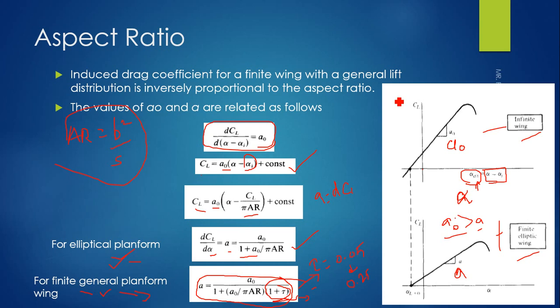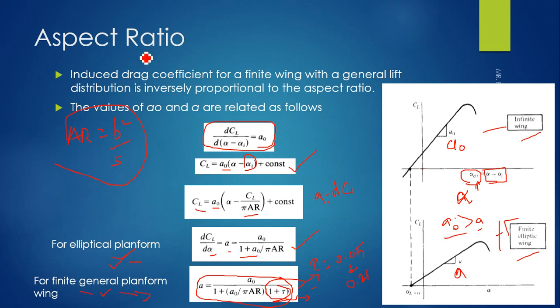Actually, for an infinite wing, that means for an aerofoil, the lift curve slope is more. Okay, we have a high lift curve slope, but for a finite wing, there will be some change in the lift curve slope. The lift curve slope decreases. The value of the lift curve slope will be very much less for a finite wing. That is the difference, and that's what we want to learn from this aspect ratio part.